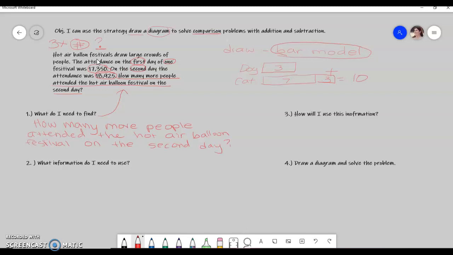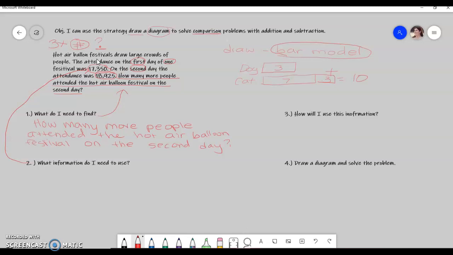What information do you need to use? Well, we circled our information, our numbers. Okay, do we need to use first? No. Second? Okay, that's going to be important. We do have to pay attention to that. We have to know first and second to determine which one is the second day because it's asking about the second day.